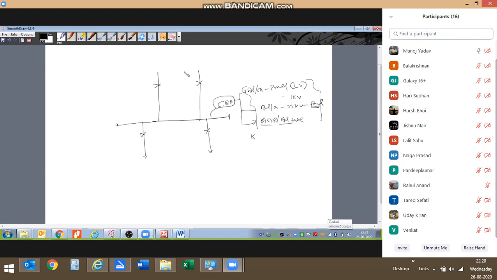But I was working at 33 kV only, maximum. That's why I have mostly seen single bus bar only, with the bus section, or sometimes a single bus bar with sectionalizer. Yes, bus section will come, and sometimes double bus bar also.